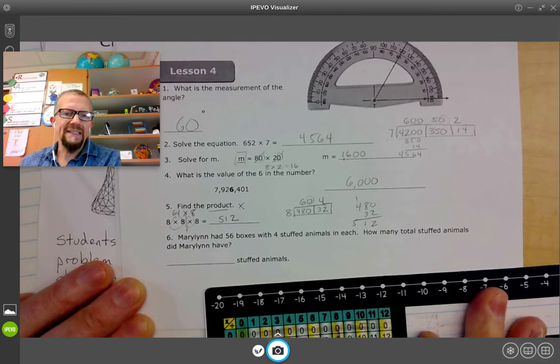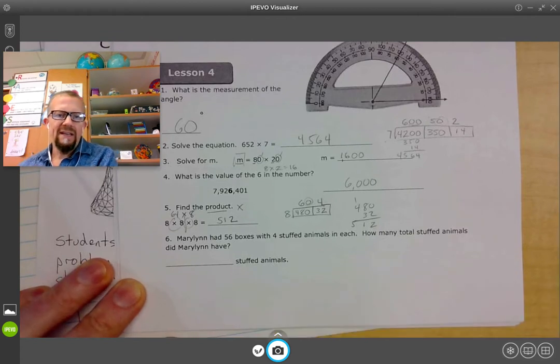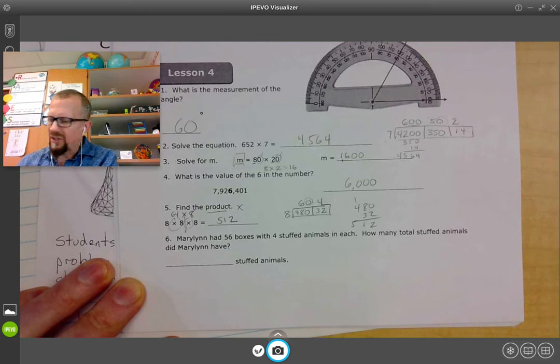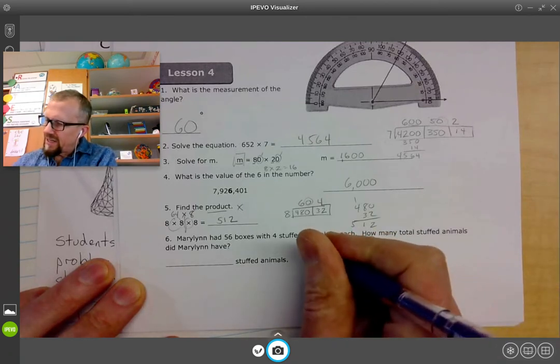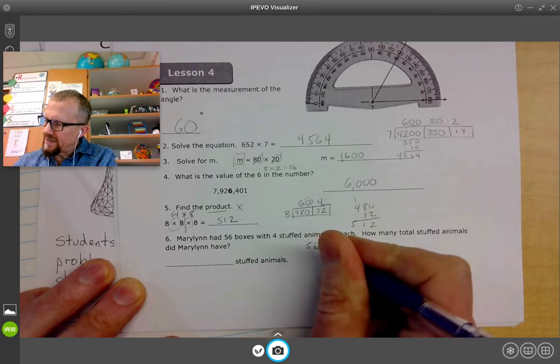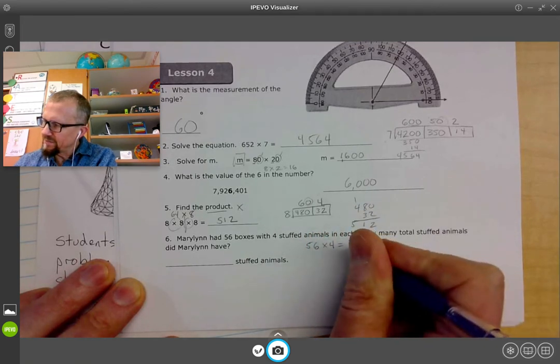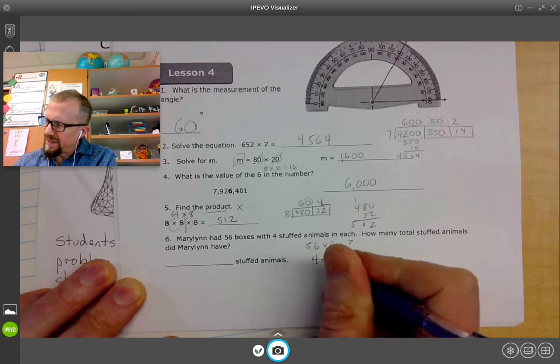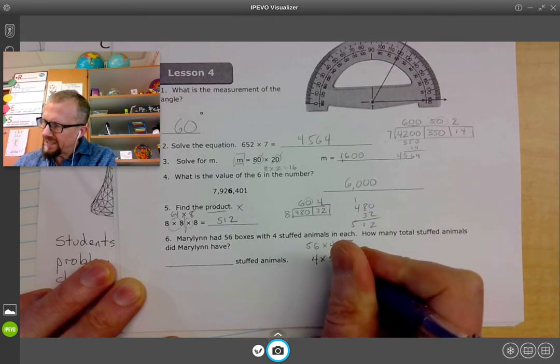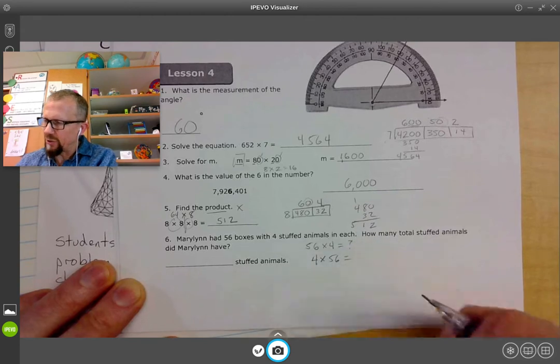And lastly, Marianne had 56 boxes with 4 stuffed animals in each. How many total stuffed animals did she have? So she's got 56 boxes with 4 in each. I can also think of this as 4 groups of 56 because sometimes it's easier to multiply by that.